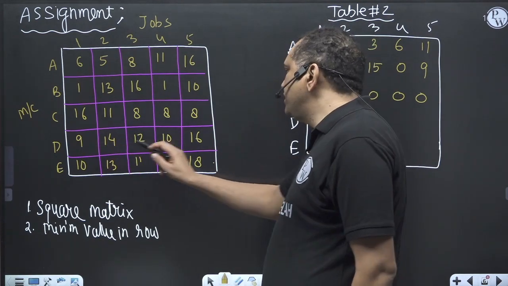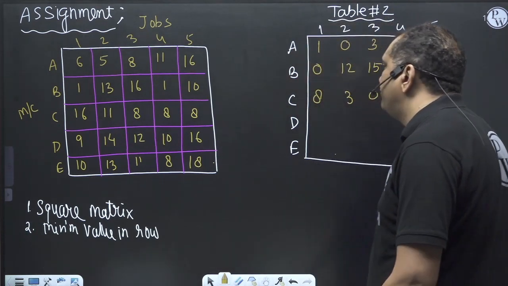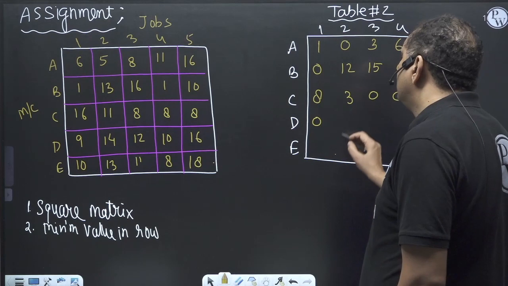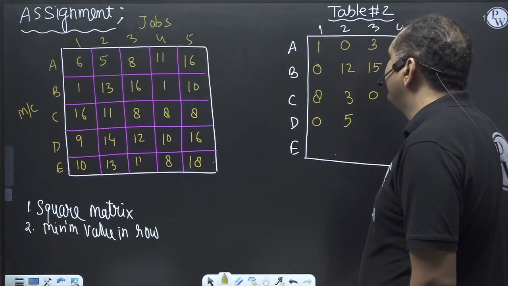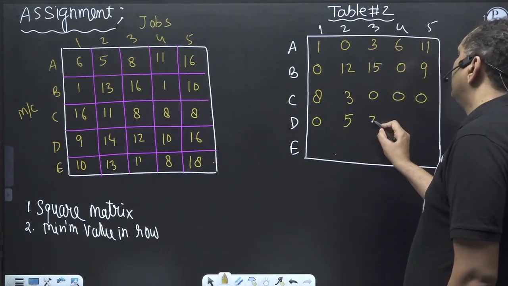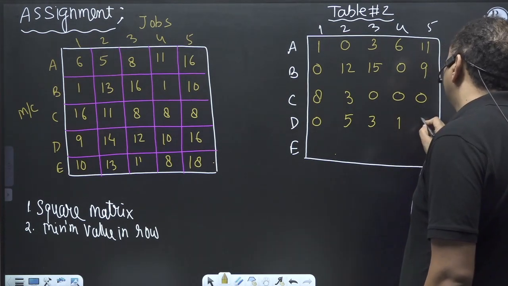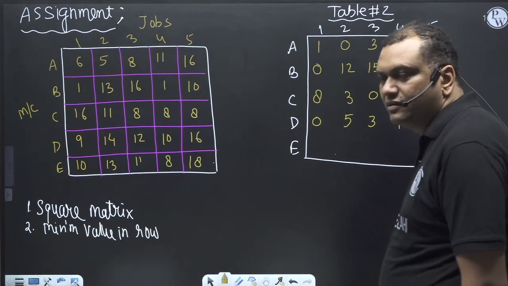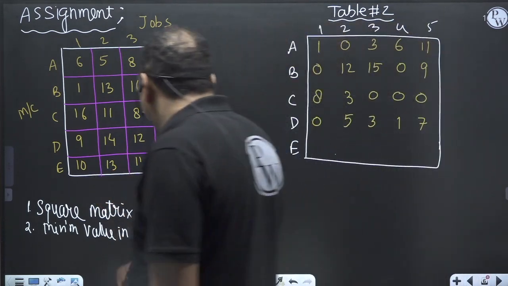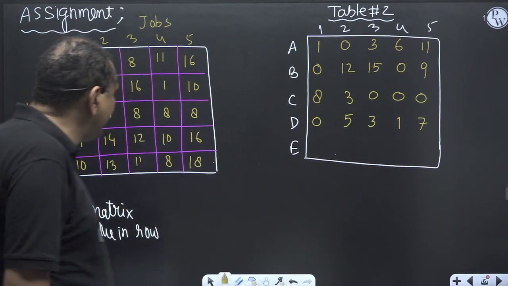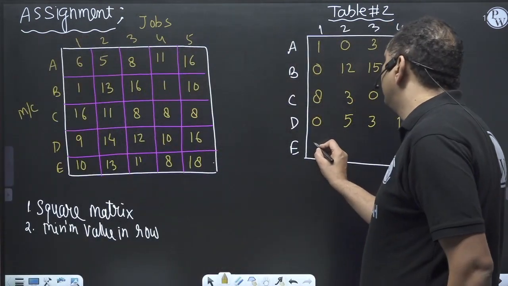Subtract 9 from each and every element of the fourth row. 0, 5, 3, 1, 7. Now in the fifth row, minimum value is 8. So subtract 8 from each and every element.